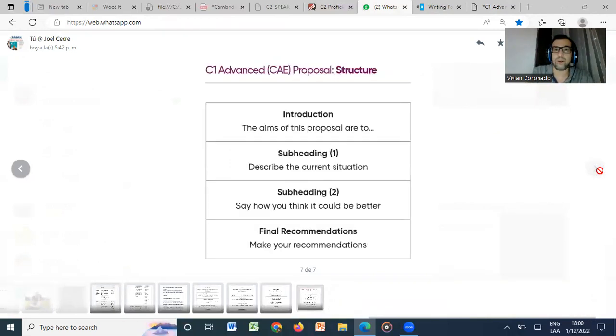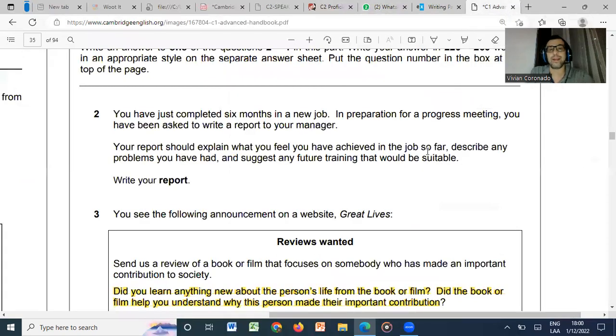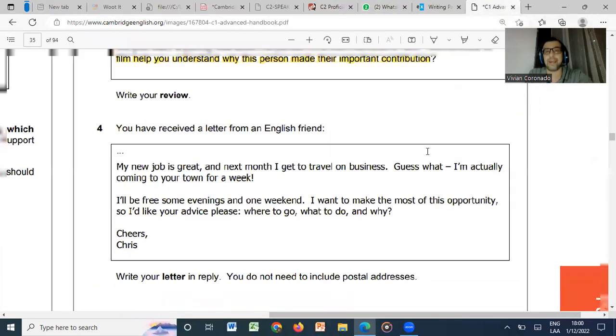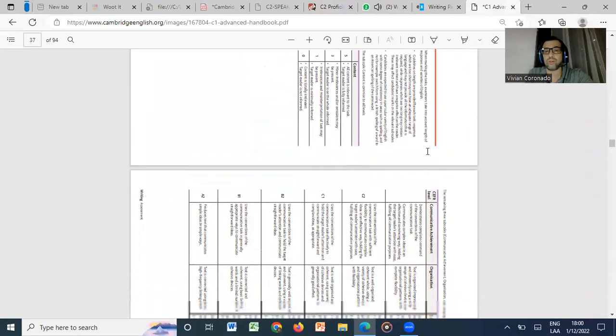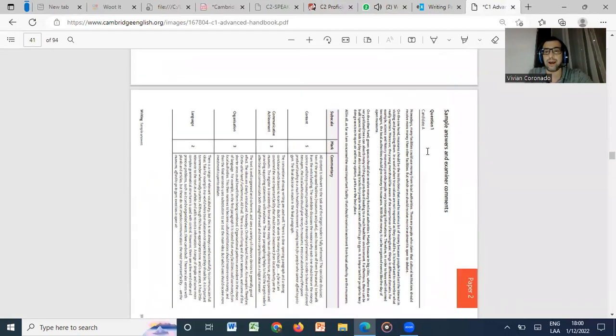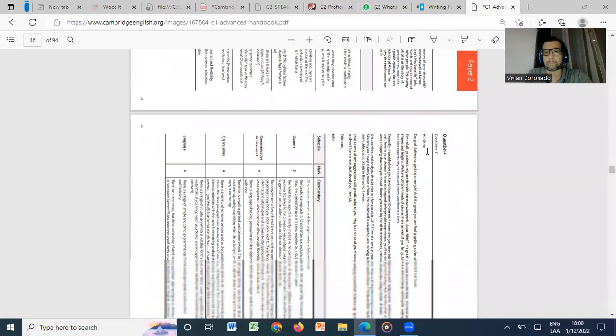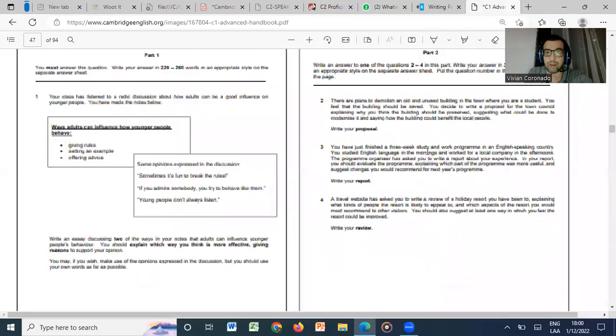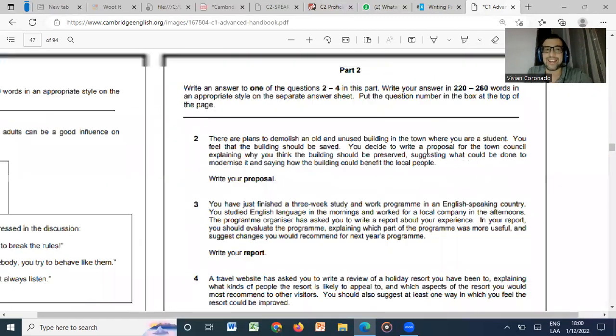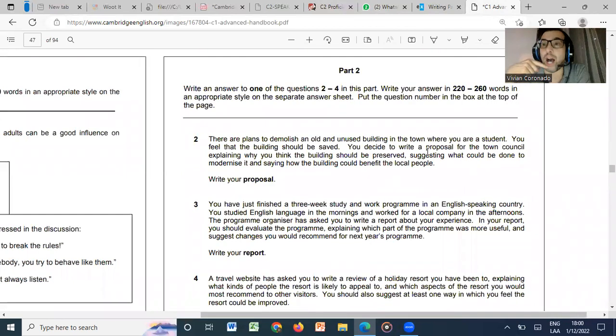Now, let's go with the proposal. If I'm not wrong, in the second test, it shows how to write a proposal. We have an example here, you see? In this case, it says there are plans to demolish an old and unused building in the town where you are a student.